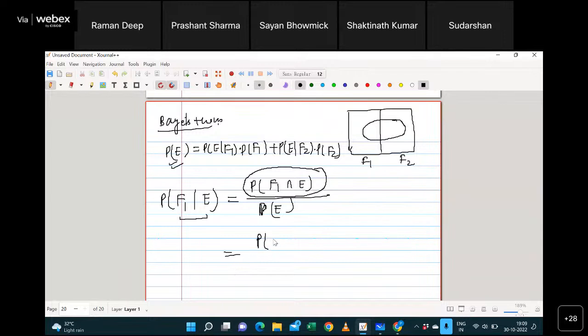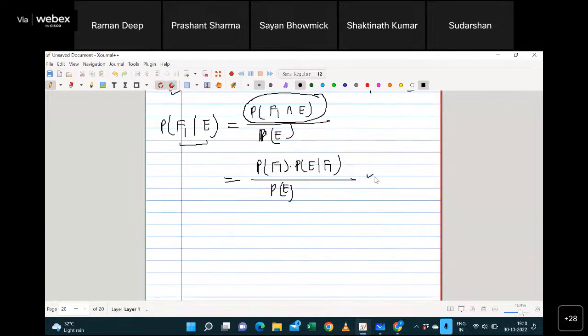I can write probability of F1 into probability of E given F1, from the multiplication rule, divided by probability of E. This is the Bayes theorem, you can say.